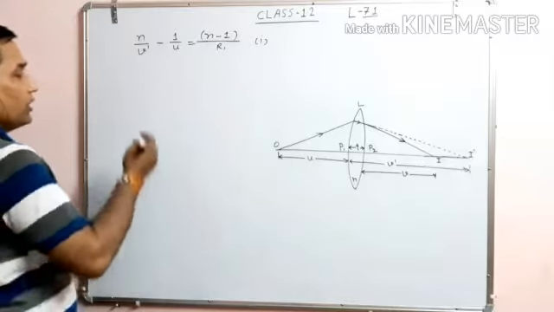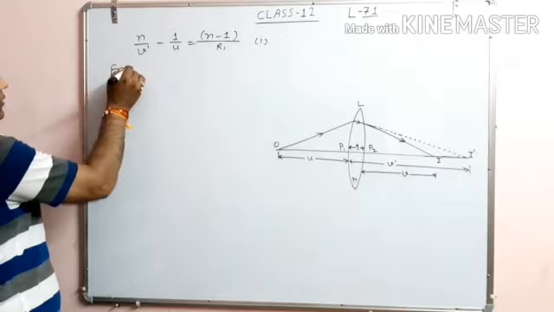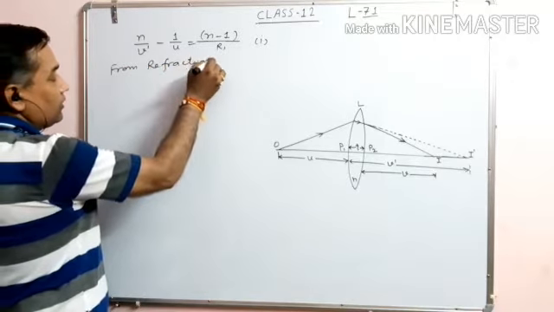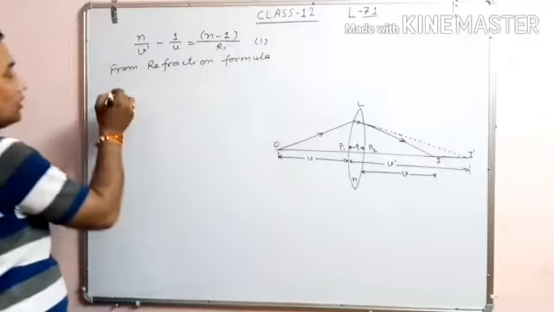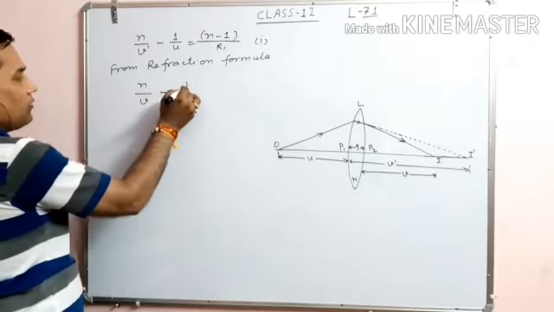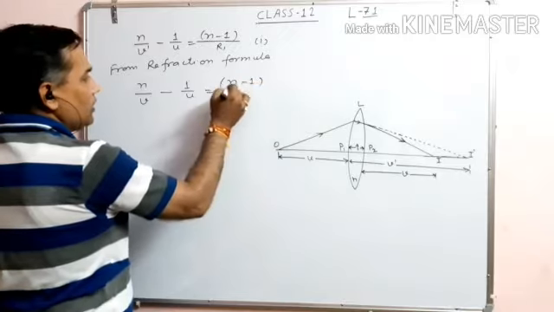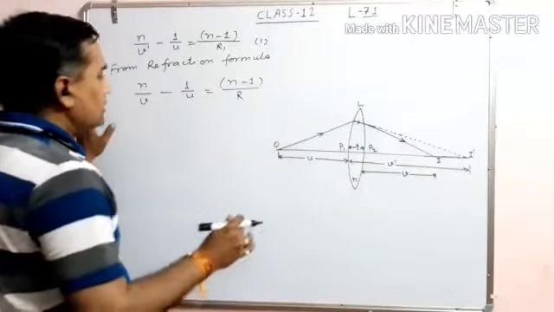So in this situation, from the refraction formula, you know the general formula is n upon v minus 1 upon u is equal to n minus 1 upon R. Now applying it to this condition.